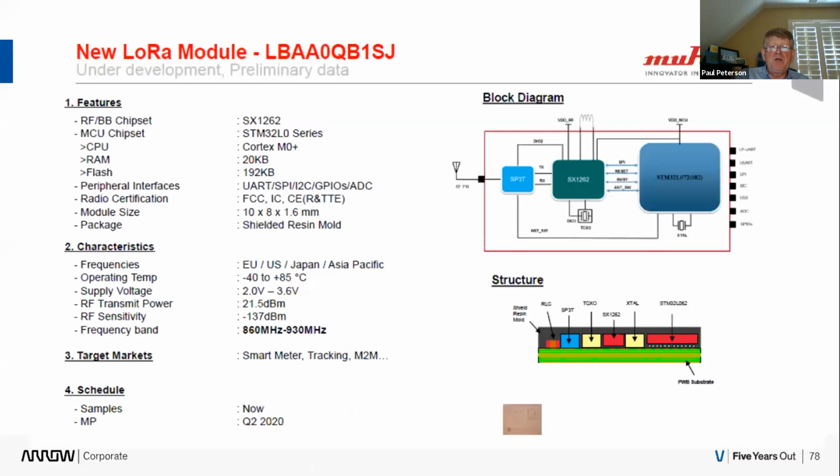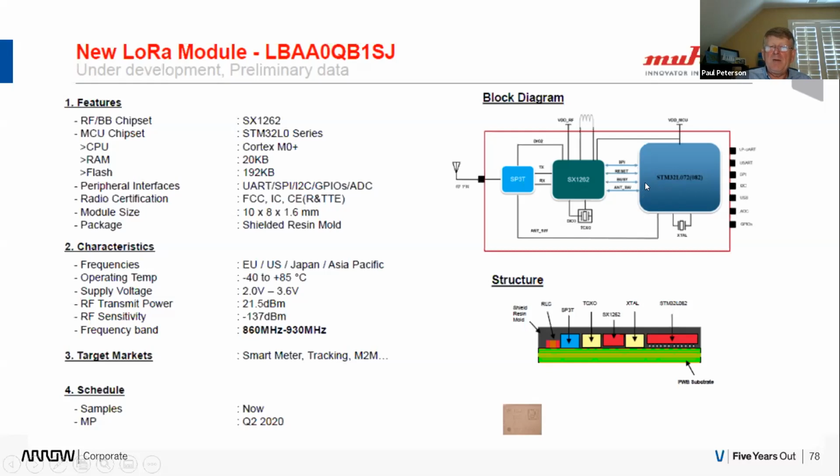This is a brand new module that puts the microprocessor, the LoRa transceiver we talked about, and all the different pieces needed to implement LoRa together in one package.